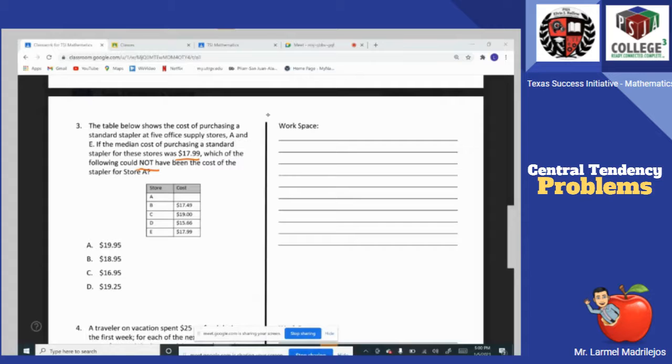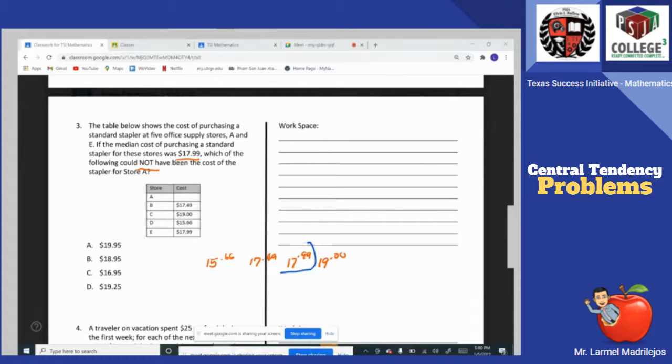Let me write it here. 15.66. Next is 17.49. Next is 17.99. Next is 19. Now they said 17.99 is the median.